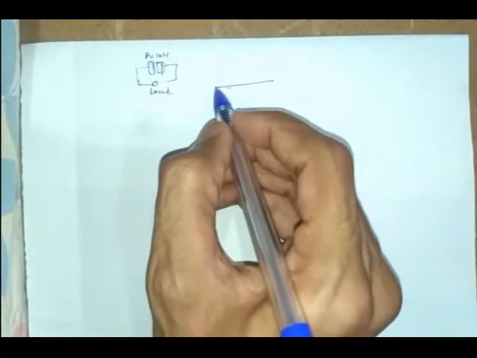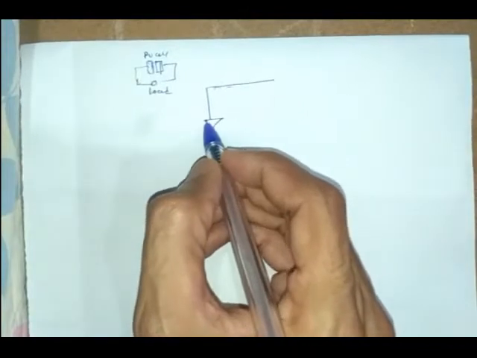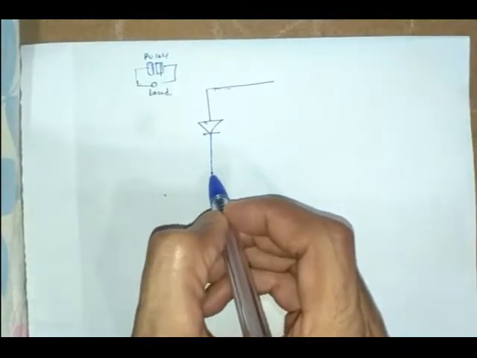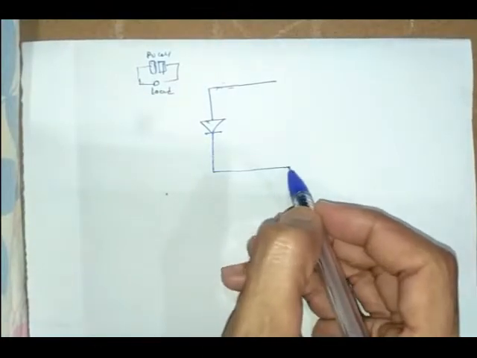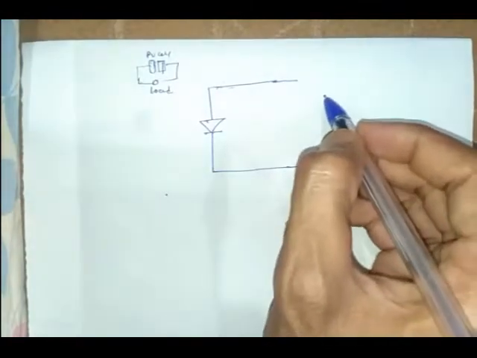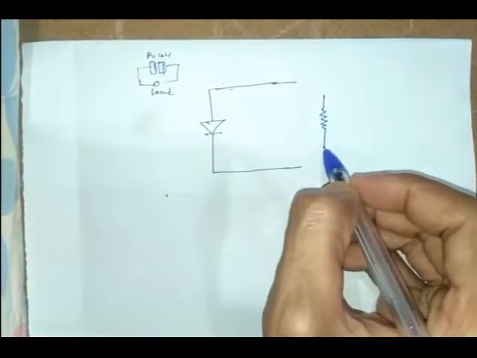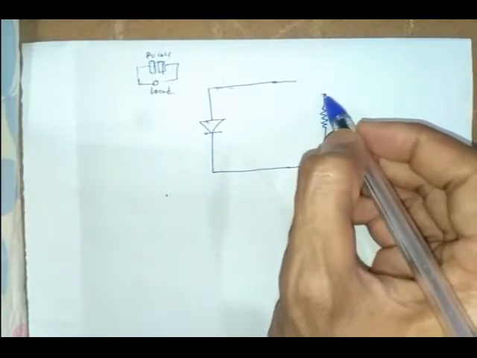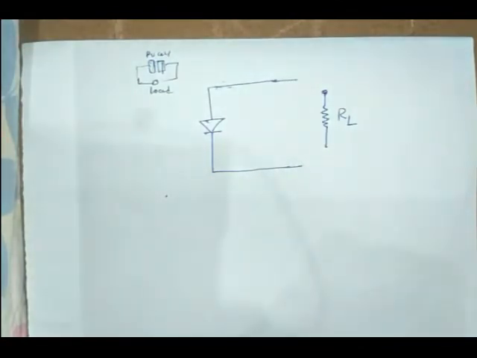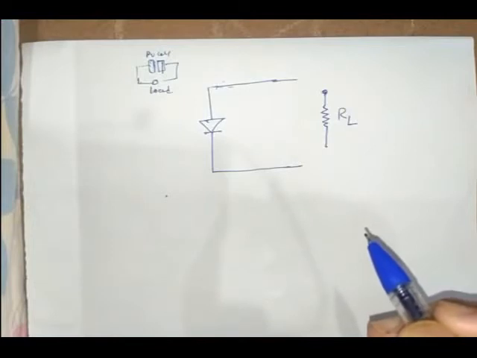So the whole PV cell is represented as a diode, and it is connected to an external load. This external load has some resistance, that is RL, and there will be two more resistances.